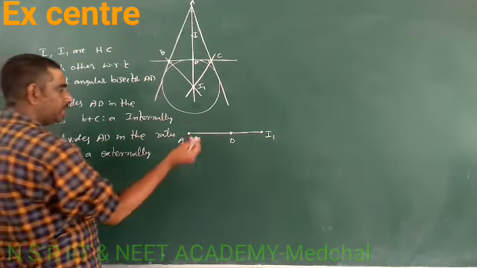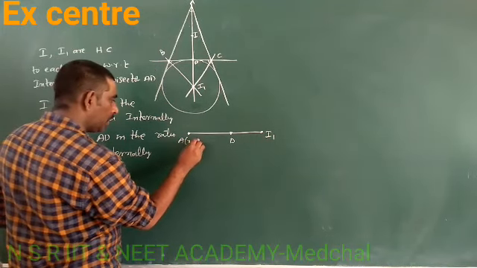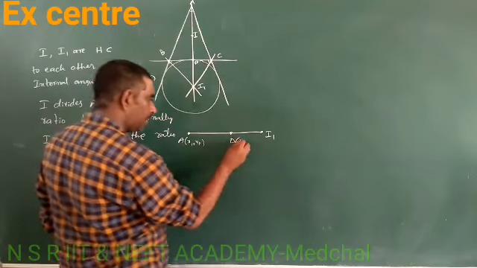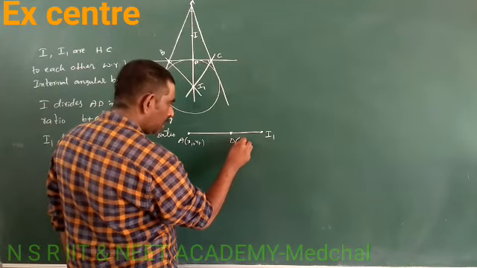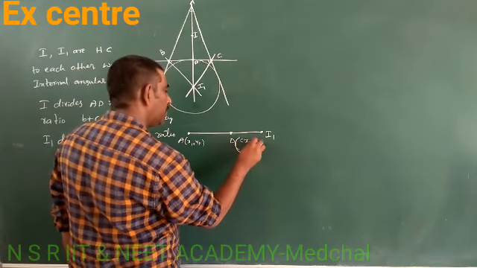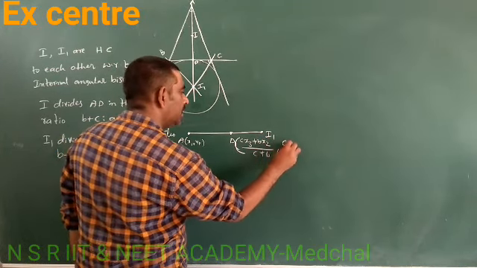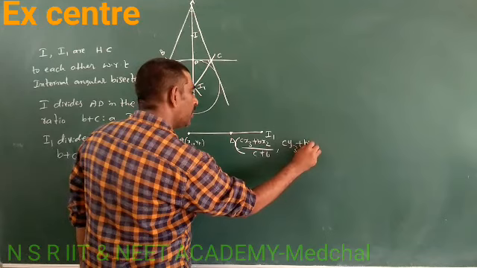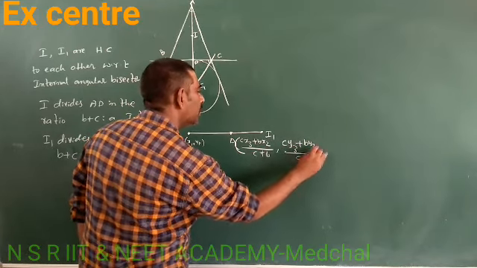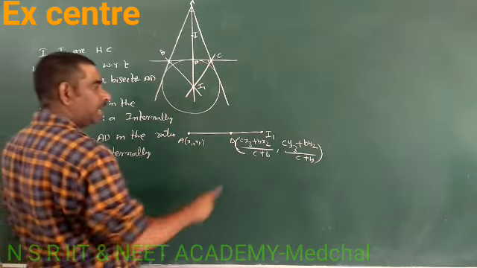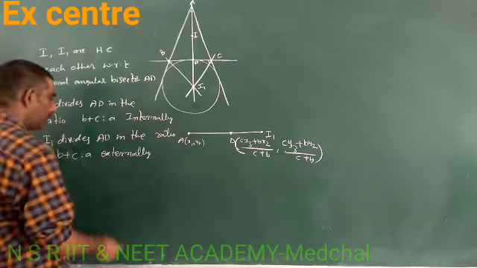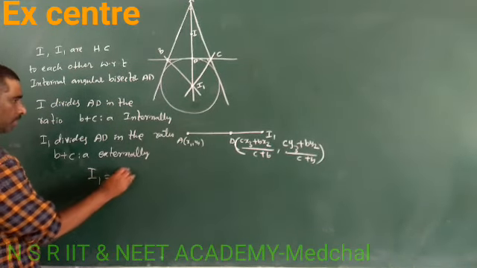So I1 divides externally. A has coordinates x1, y1, and we already know D has coordinates (C x3 plus B x2) by (C plus B), (C y3 plus B y2) by (C plus B). So here apply the external section formula.